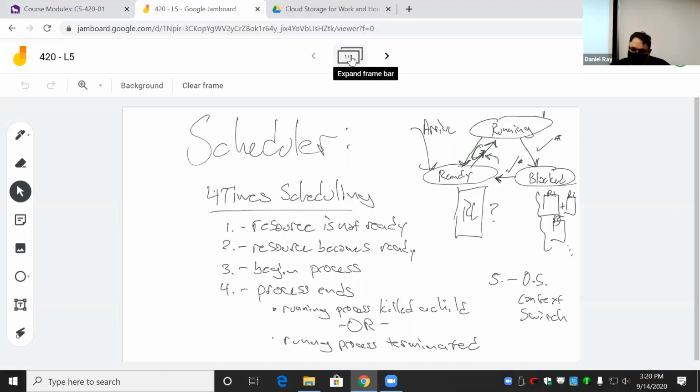And I'm going to get into some details about how that might take place. Okay, so I kind of lied. There are 4 that are directly associated with this, and then there's a 5th one that is just the priority of the operating system. Okay. All right. Any questions about what I've said so far?